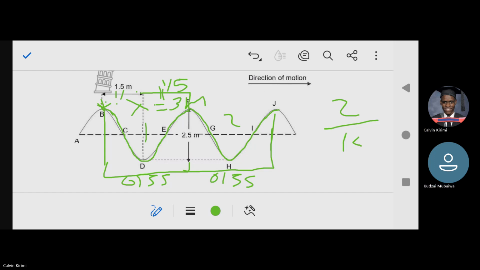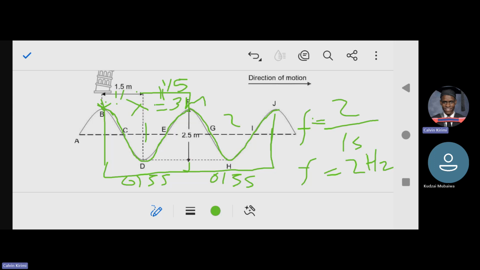You already know a second. Whenever you see the unit hertz, it is what we call cycles per second. So our answer will automatically be 2 hertz. That becomes your frequency.